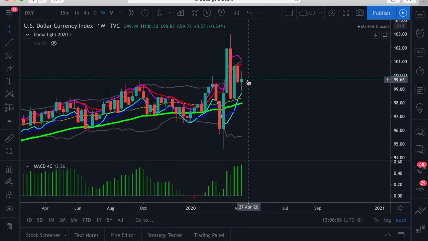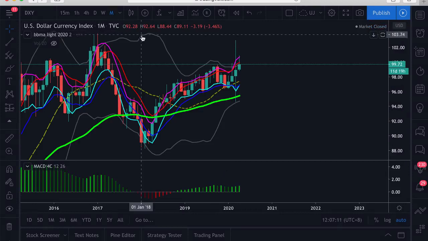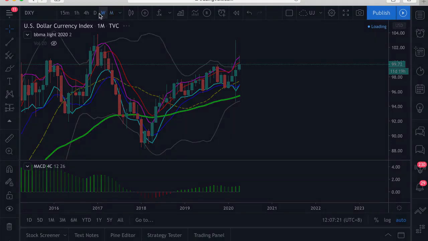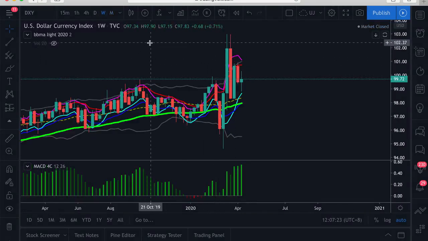Currently, the price is in between MA high and MA low, so it's very hard for us to determine if it's a sell or a buy setup. To decide, we have to look at the higher time frame, monthly. For monthly, we can see that the USD is at the MA high. So we take our bias to sell for this week. So we will take this weekly as re-entry sell.